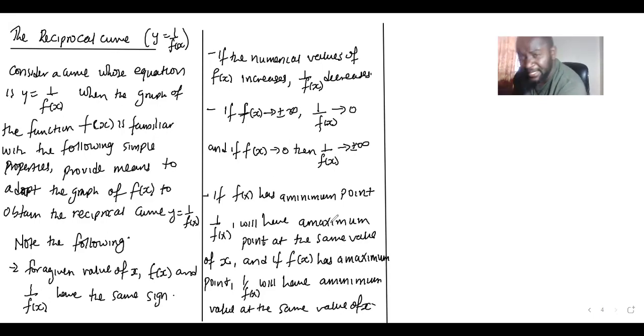Then as f of x tends to infinity, 1 over f of x tends to 0, and the reverse is true. As f of x tends to 0, 1 over f of x tends to infinity, positive or negative. If f of x has a minimum point, then 1 over f of x will have a maximum point, and the reverse is also true. So we should have all those items in place.